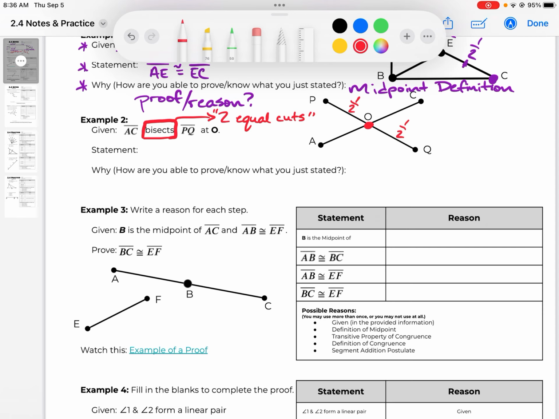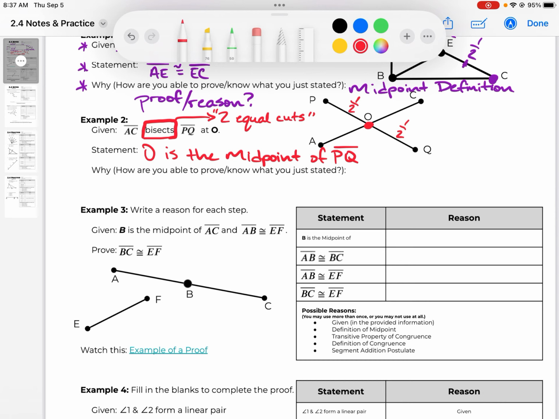And we don't know that AC is being bisected from what's given. We only know that P to Q is bisected. So we can't make really any statements about AC. But since we know that this is bisected, we could say that O is the midpoint of segment PQ.